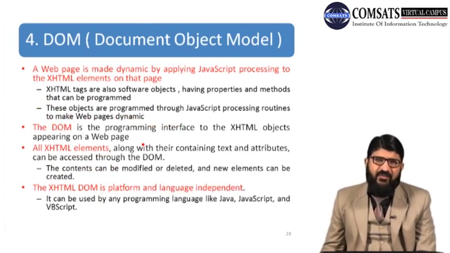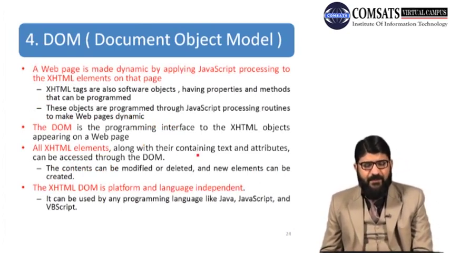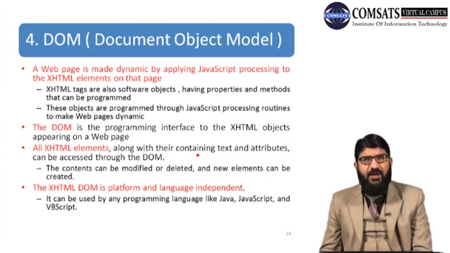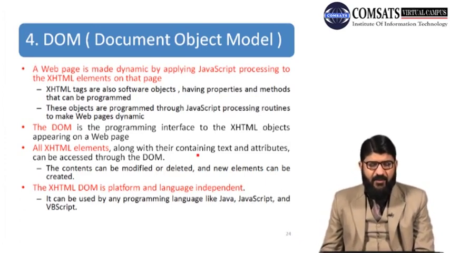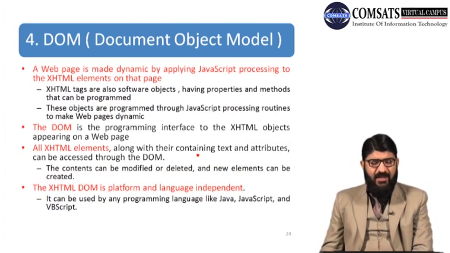So now moving onward, the DOM. DOM is basically the document object model, and a web page is made dynamic by applying particular JavaScript processing to the XHTML elements on that page.